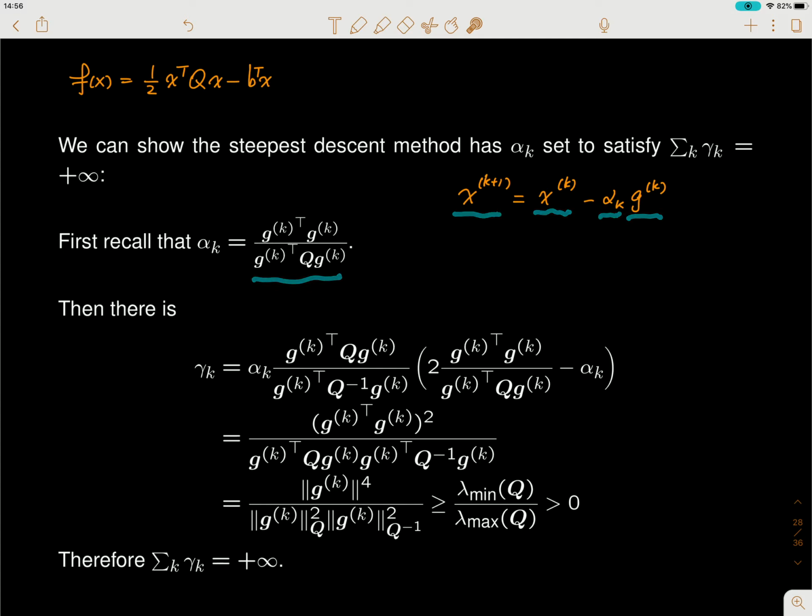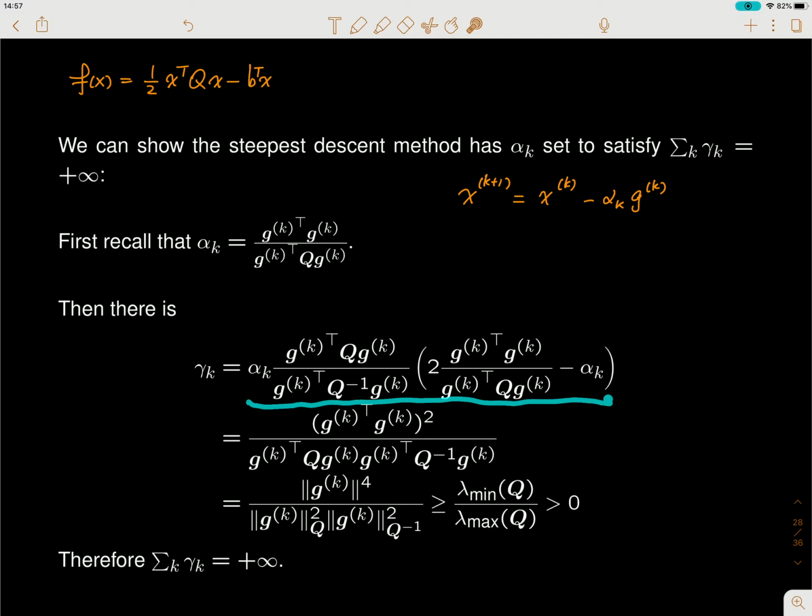Okay? So remember that for this algorithm to converge, it holds if and only if this sum of gamma k is infinity. So the series here is infinity. Recall the formula for the gamma k. Gamma k is completely determined by alpha k using this formula. This is one of the lemmas that we showed before.